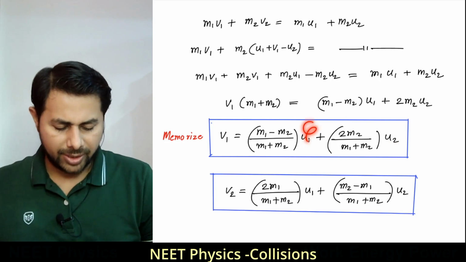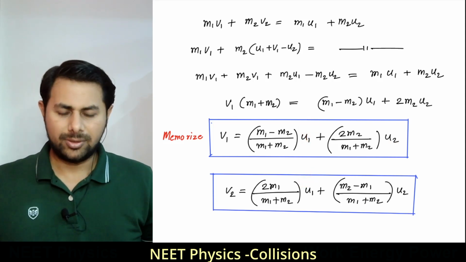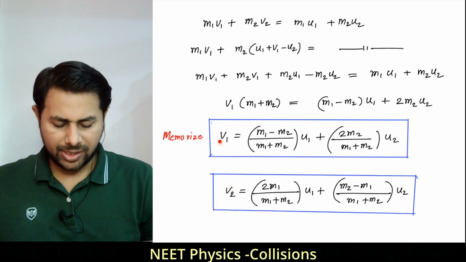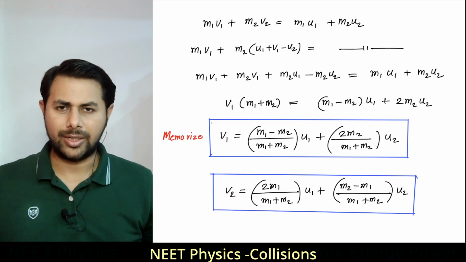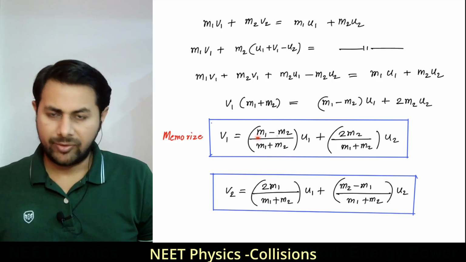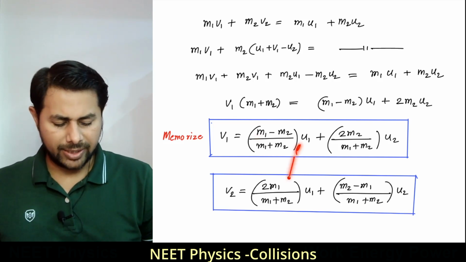So from here you will get the second formula. To get v2, just change v1 to v2, so the left hand side will be v2, and then interchange m1 m2 and u1 u2. So from this formula you will get this formula.